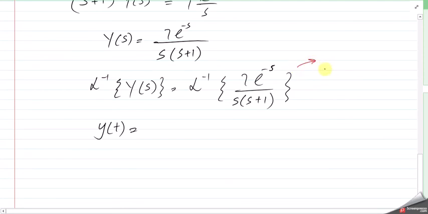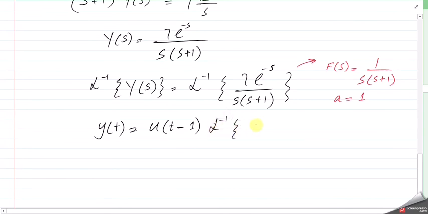From here we can see that F(s) is 1 over s into (s plus 1), and a is 1, and 7 is a constant which can go outside. So using the formula, this becomes u(t minus 1) into Laplace inverse of 1 over s into (s plus 1), and then we must remember to shift t to t minus 1. 7 is constant, so we write it outside here.